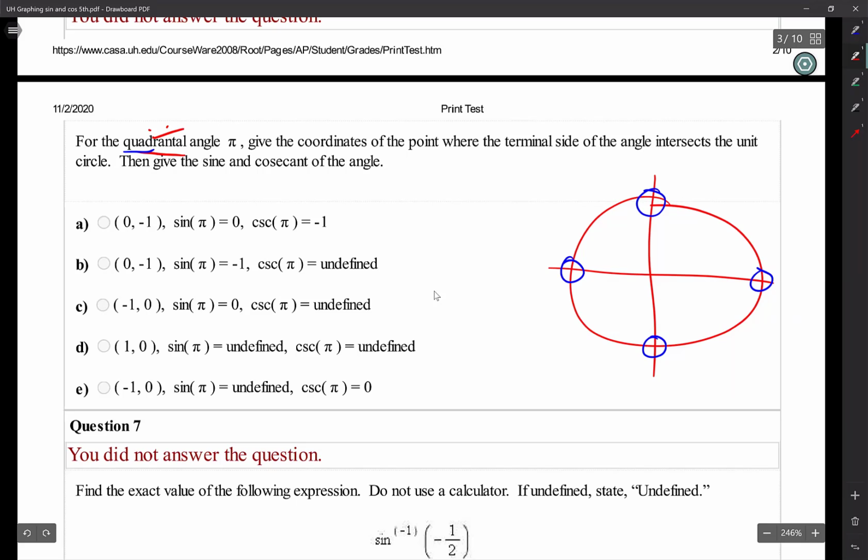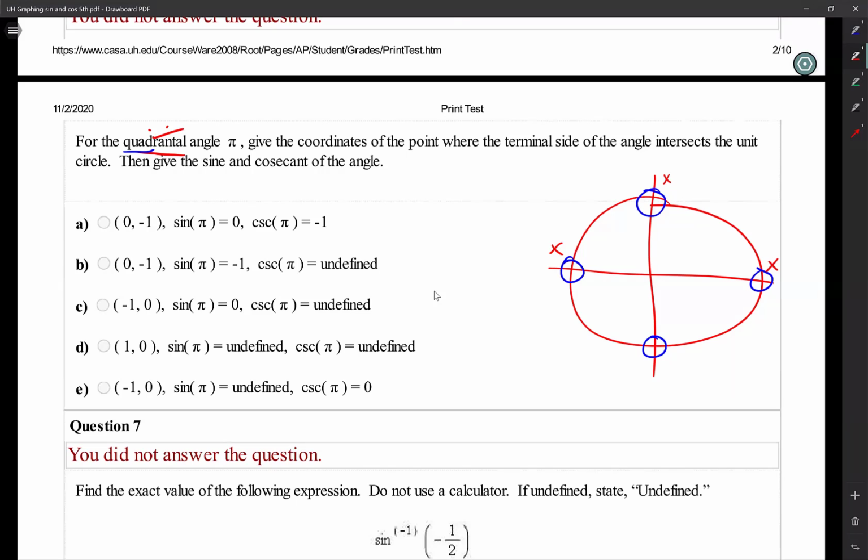So it doesn't have to be pi. It could have been 2 pi, 3 pi, 4 pi, 5 pi, 6 pi, 7 pi. All those angles are always going to be one of these. And then the ones at the top would be pi over 2, 3 pi over 2, 5 pi over 2, 7 pi over 2, 9 pi over 2.